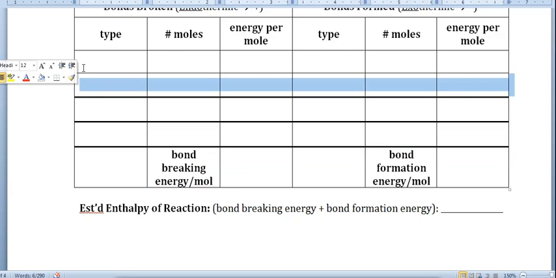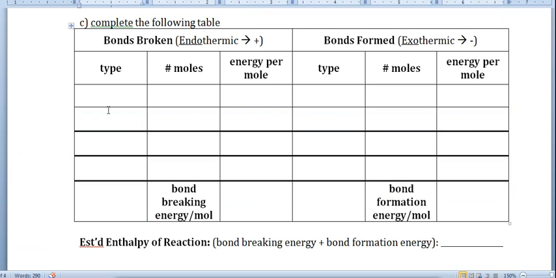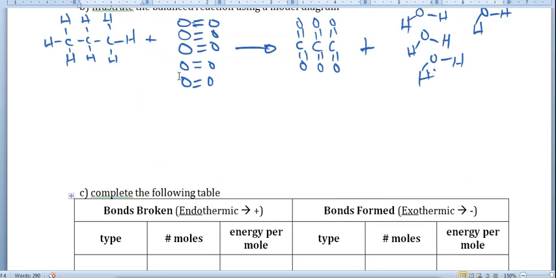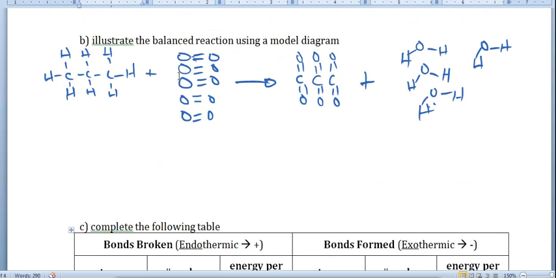All right. So let's just start. So on the left side, we're going to write down what we know about bond breakage. Okay, and I'm putting a little reminder in here that breaking bonds is endothermic, and it's associated with a positive sign on the energy. So let's take a look at the bonds that are breaking first.